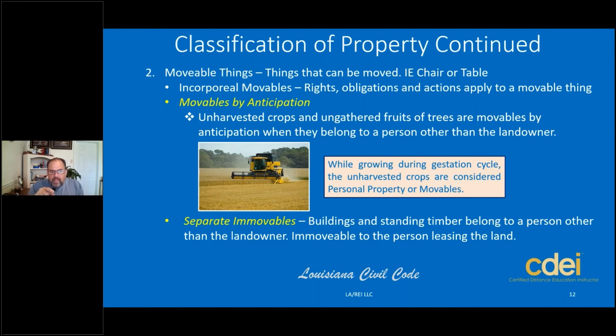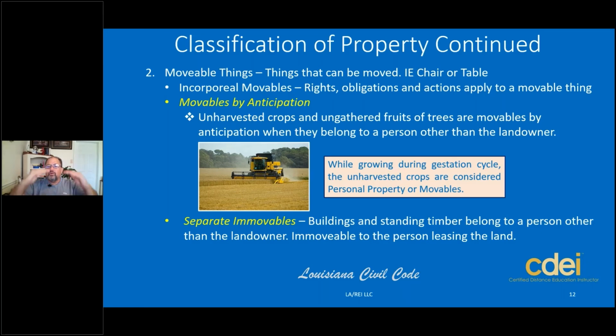Now, in Louisiana, you want to know these two terms: movables by anticipation and separate immovables, okay? So movables by anticipation are unharvested crops, ungathered fruits. Again, look at the picture. And you see the combine is harvesting this wheat. Well, before the harvest season comes, it's growing.